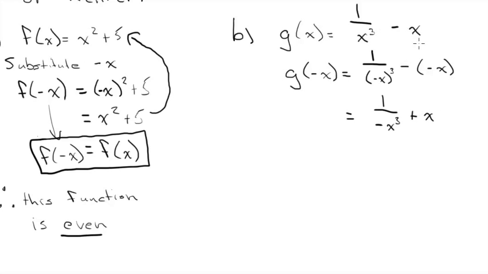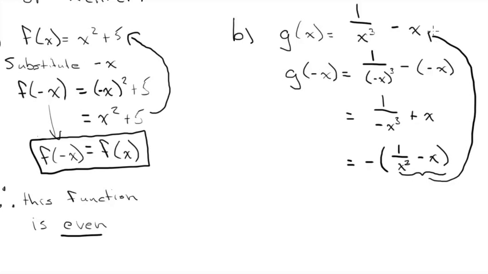So it doesn't look quite like this, right? These aren't the same. But notice there's a negative in front of this one. Usually we don't like a negative at the beginning, so let's factor out a negative sign. If you factor out a negative, then this becomes positive, and then this plus x will become minus x. And notice that in this bracket here, you've got exactly what we had up here.